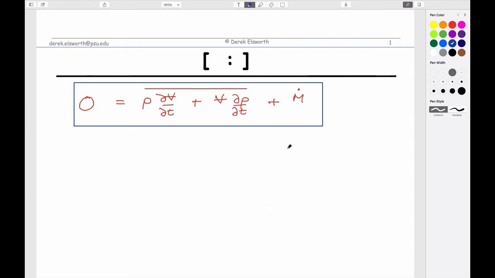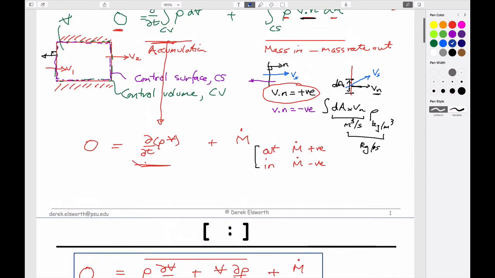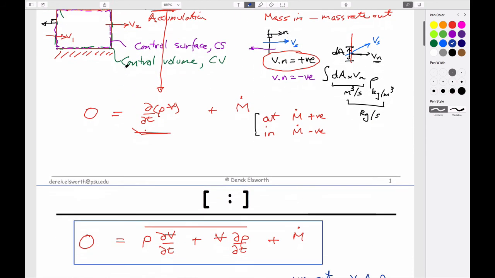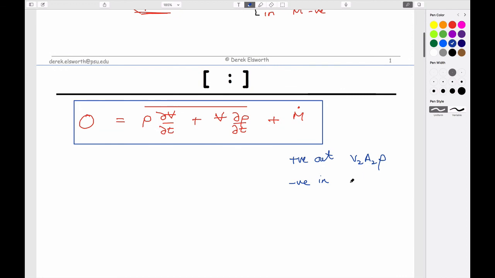You just have to remember the sign convention, and that is that m dot is positive for out and negative for in. So when I say positive, it would be V2 A2 rho in this particular example here. Right? This is going out. And it would be minus V1 A1 rho for the mass rate in.